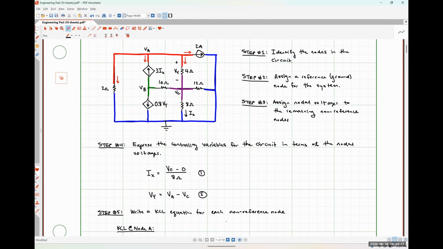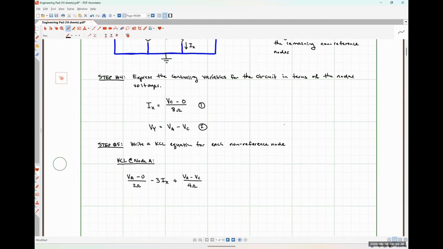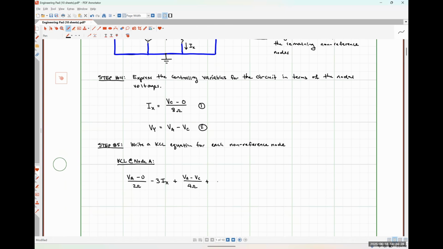And then lastly, I have the current flowing to the right through the independent current source. And since that current source is just pushing 2 amps to the right, I'll just have plus 2 amps is equal to 0. So now let me explain why I'm choosing to use KCL formulation number 3, where the currents that are exiting the node are positive.